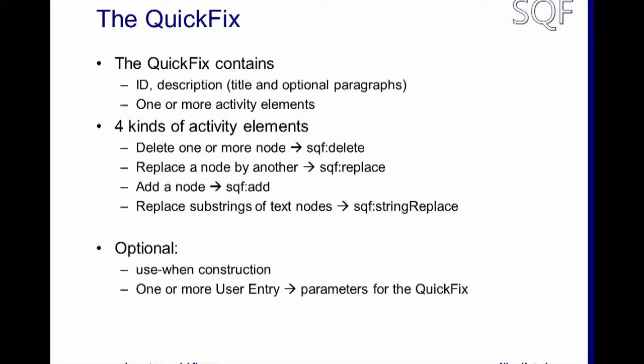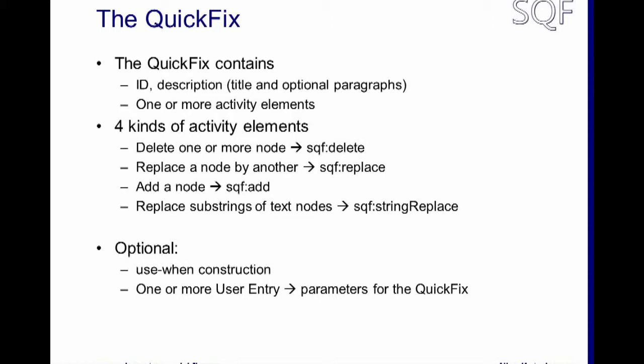And then another feature is the user entry. That are parameters for the quick fix. Maybe you want to replace the title by a new title, and the user should define what the new content of the title is.